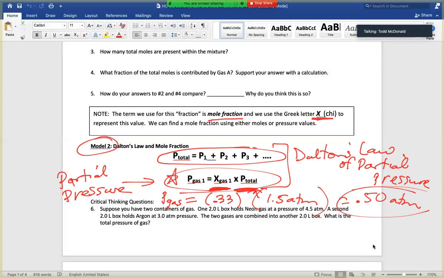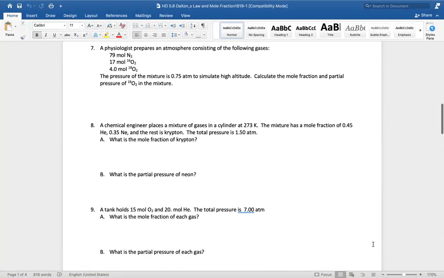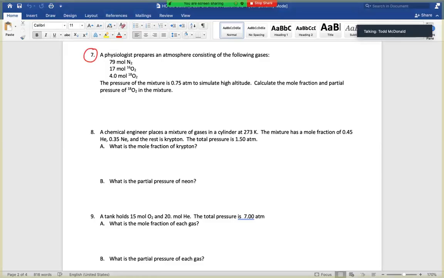Let me go ahead and run through a quick sample problem with you. I'm going to run through question 7 on the handout. Here's what it says. A physiologist prepares an atmosphere, so a container of gas, consisting of the following gases: 79 moles of nitrogen gas, and then 17 moles of a particular isotope of oxygen, oxygen 16, and then 4 moles of a different isotope of oxygen, oxygen 18.